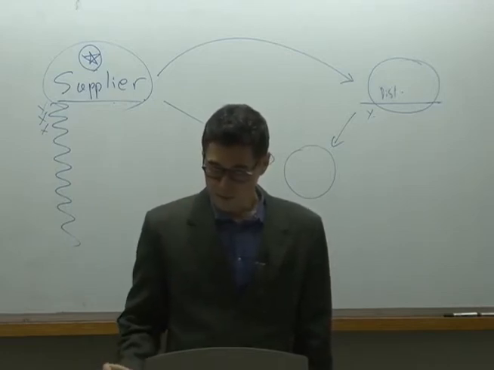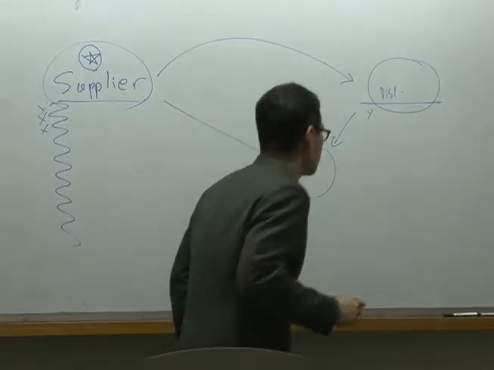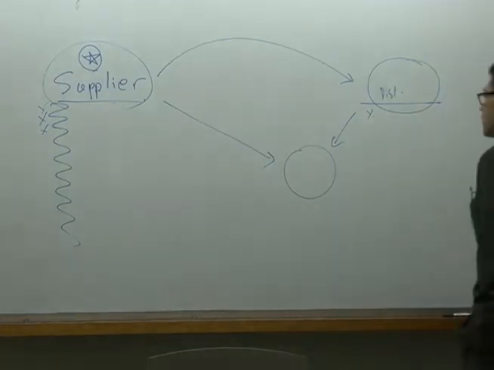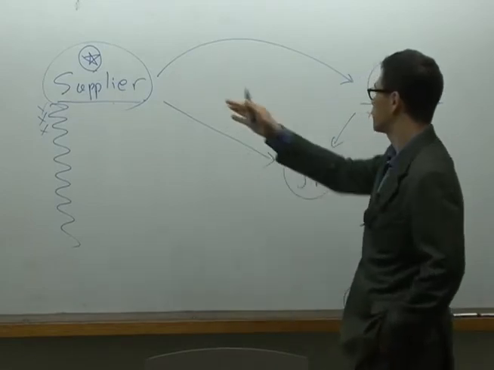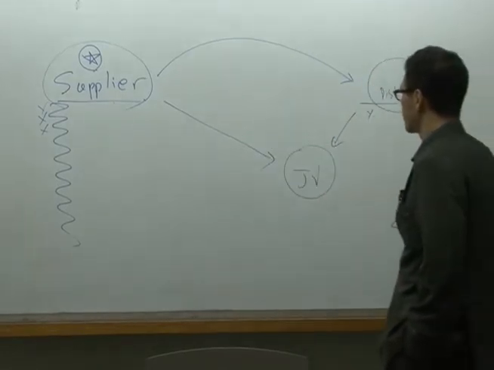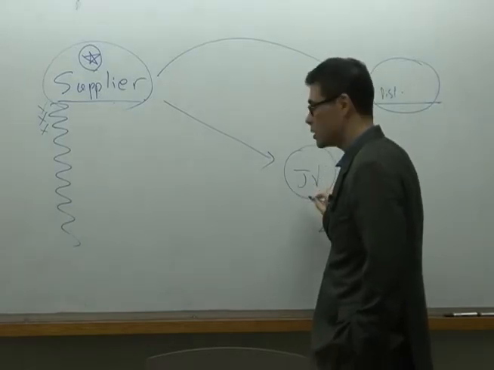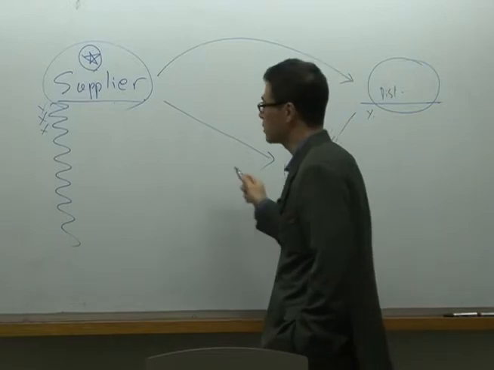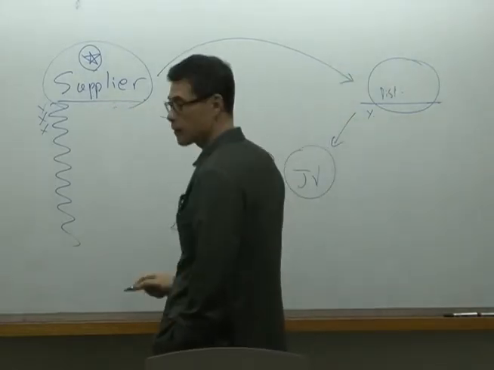Related agreement means, once the JV is established, obviously under this structure, you want the JV to take the role of a distributor, right? So this guy will supply, okay?